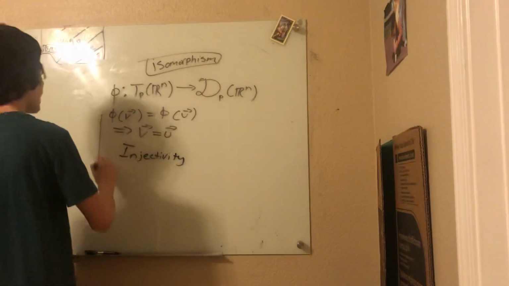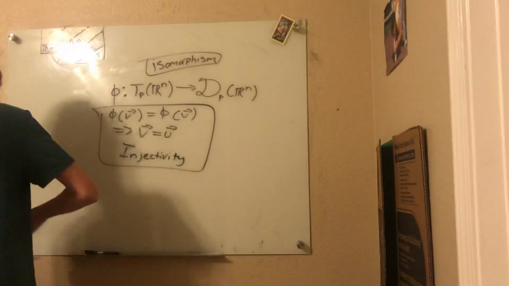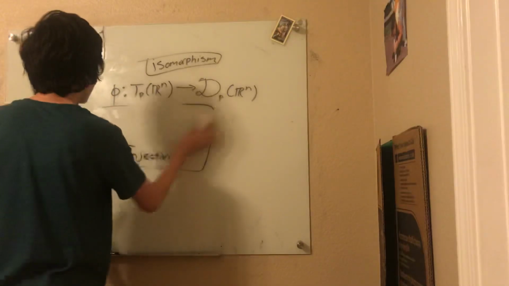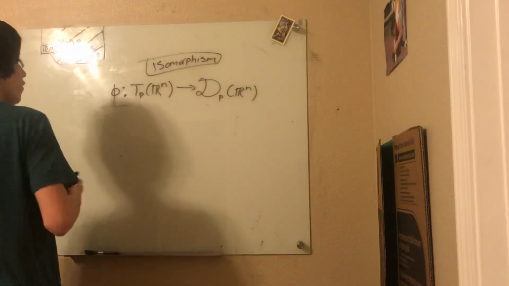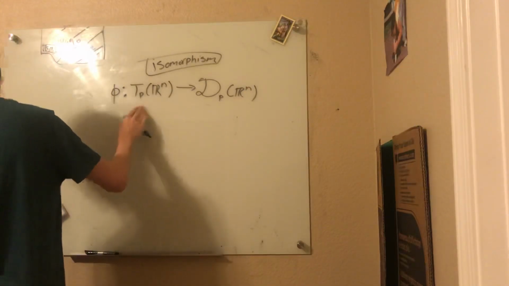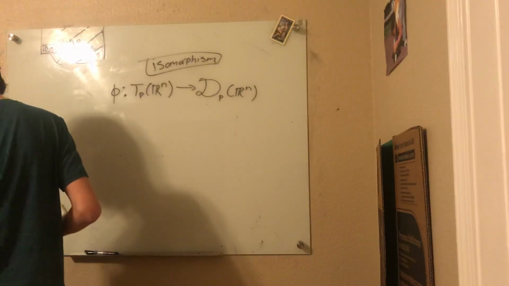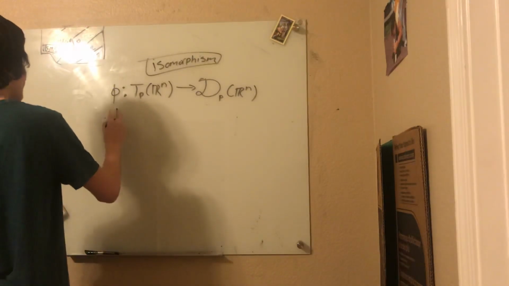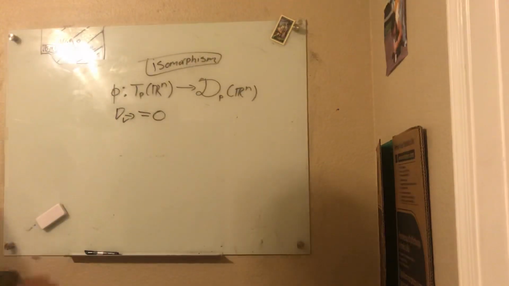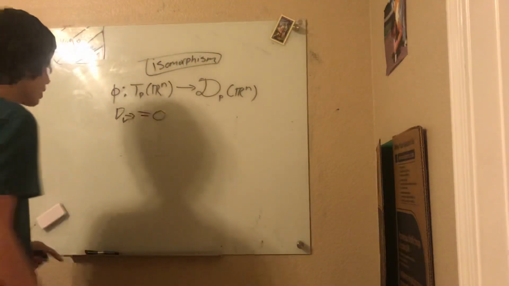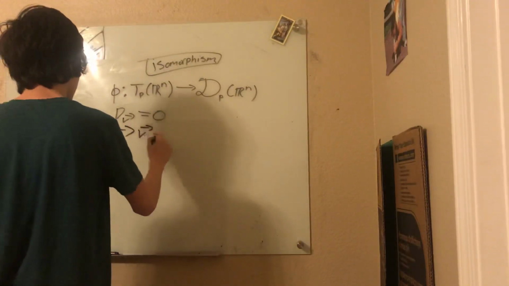So really though, since this is a homomorphism, we can just prove that if this is equal to 0, suppose we have a case where this is equal to 0, this must imply that v is equal to 0.